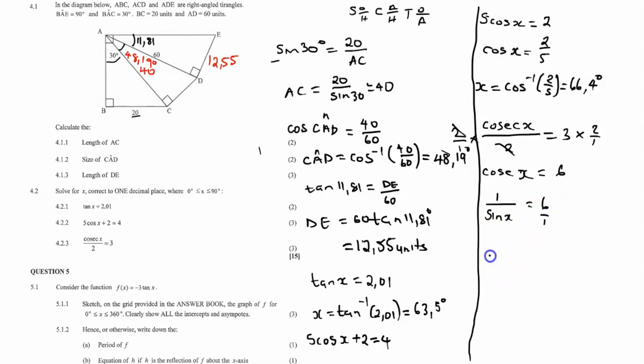You can just write the reciprocal, so sine x equals 1 over 6, and then your x is equal to, you just punch your calculator there and you find the value of x. So your x is going to be, this is 1 over 6, gives you 9,6 degrees. And then if you got that, you've gotten yourself 15 marks.